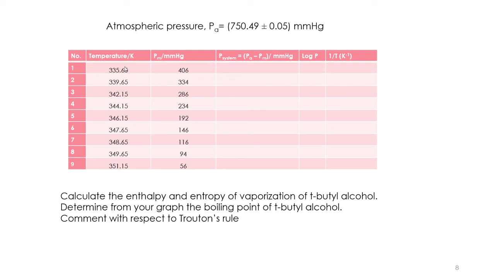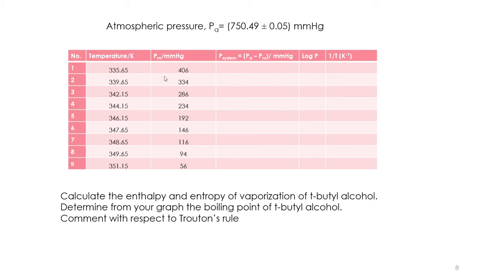These are the obtained values of the boiling point, and this is the H that one measures for each subsequent boiling point. There are 9 points here. All you have to do is get the value of the system pressure, which is simply PA minus PM. Okay, that is very easy.